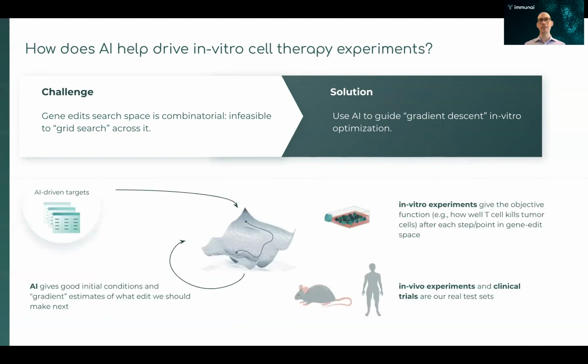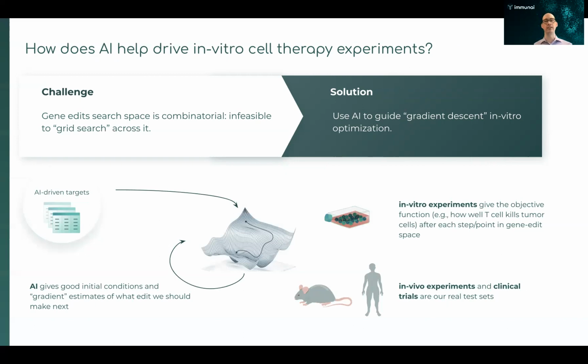And what this looks like is we take that list of AI-driven targets that I just talked about, and that becomes our starting point for a high-dimensional optimization, right? So the AI gives good initial conditions, and then we take those, let's say that list of 100 genes, and we go and we run some in vitro cell therapy experiments, right? And those give us the objective function, right?